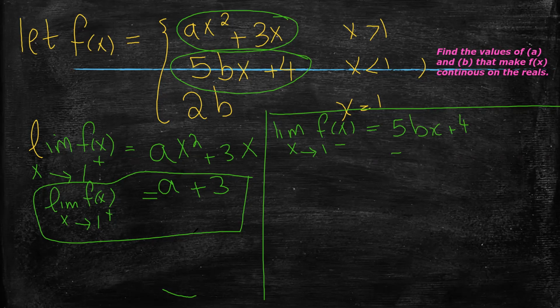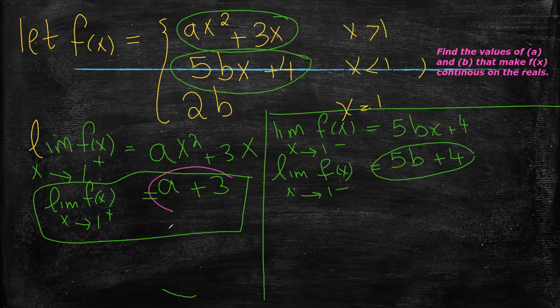Or you can say 5b plus 4 is equal to the limit of f of x when x approaches 1 from the left. And since the right is equal to the left, I can say now that a plus 3 is equal to 5b plus 4.